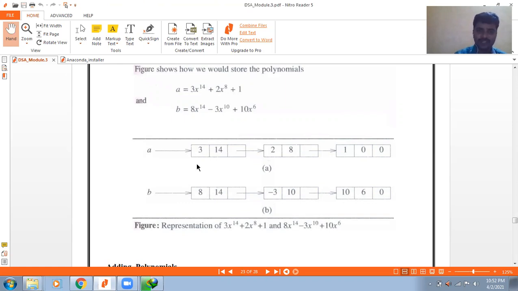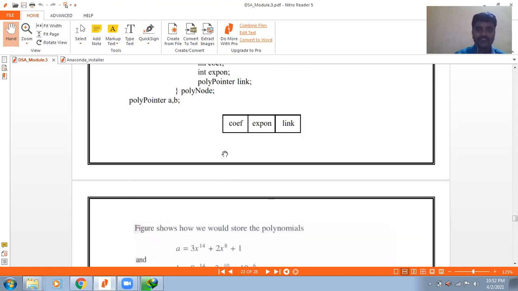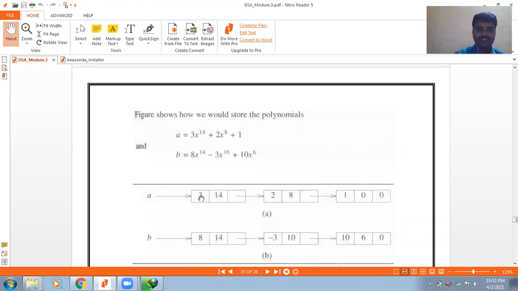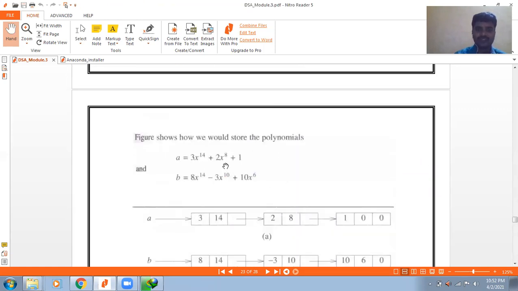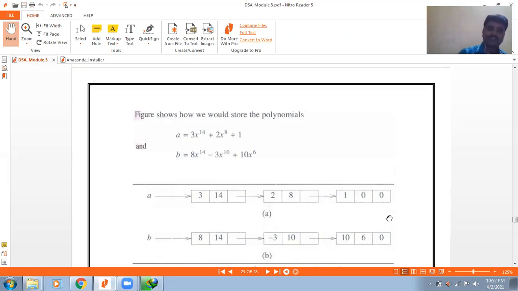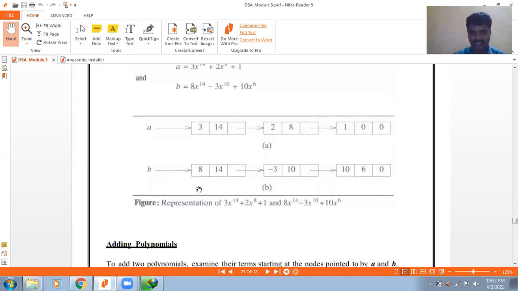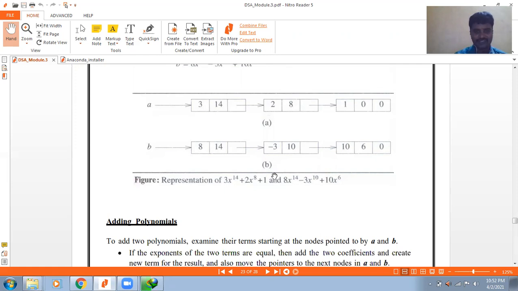Here is how the polynomial can be represented: the first node has coefficient 3 and exponent 14, the next has coefficient 2 and exponent 8, and the last has coefficient 1 and exponent 0. This is how we represent the following equations.